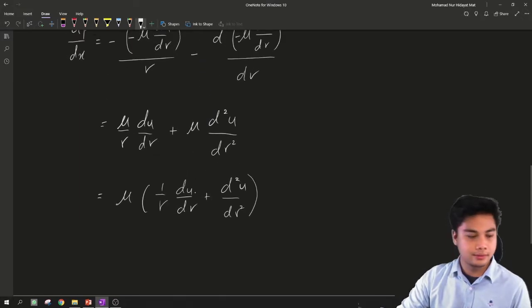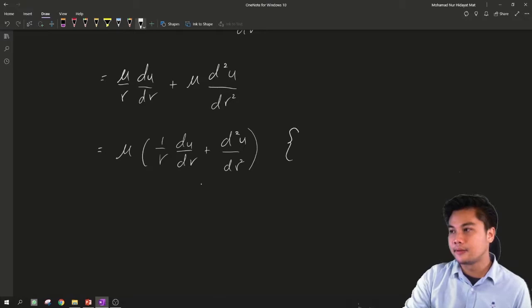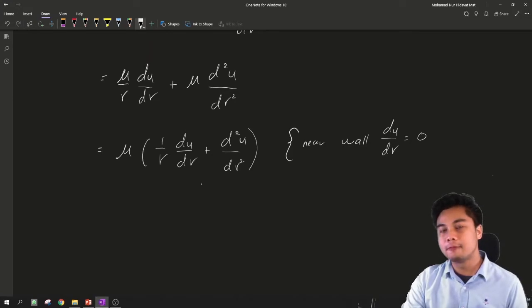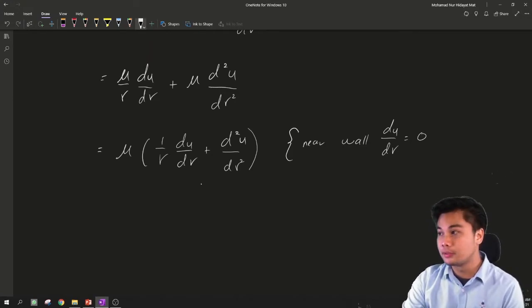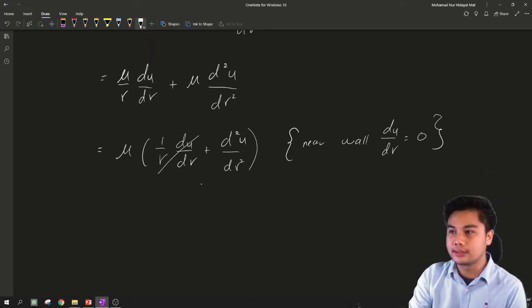Remember that in this case, near the wall, the value of du over dr is equal to 0, because near the wall, the velocity is 0. So the change of the velocity near the wall is equal to 0. We can cancel out this term.